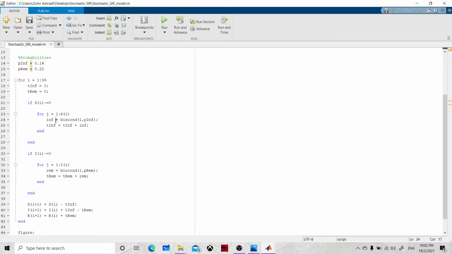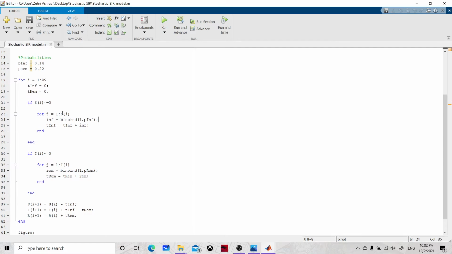The next thing is INF equals to bino RND 1 PINF. What this function will do, the binomial random, it will return either 1 or 0. And the probability for this function to return 1 is PINF. Okay, so this is where the stochastic happens. This is where the randomness happens.